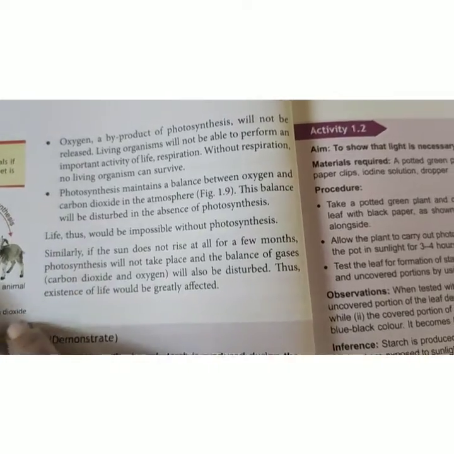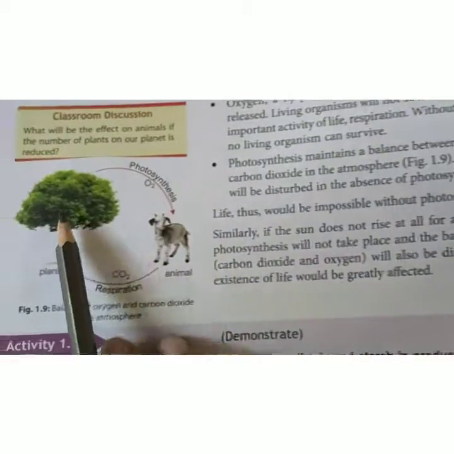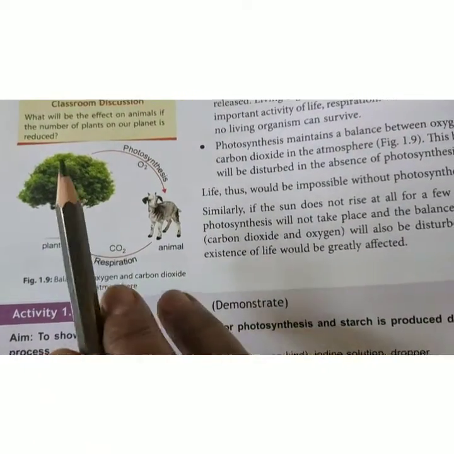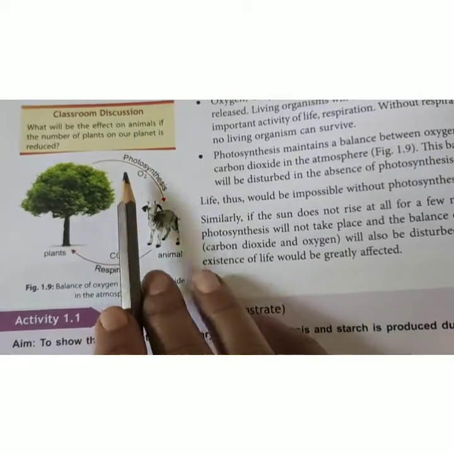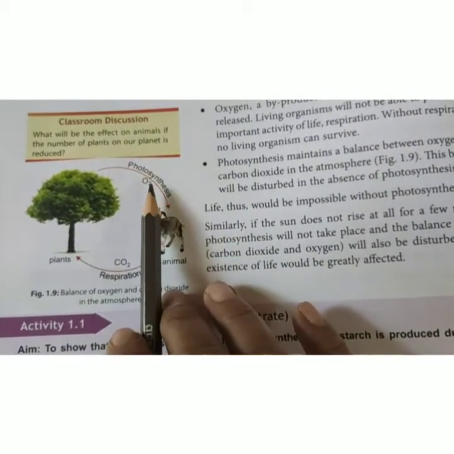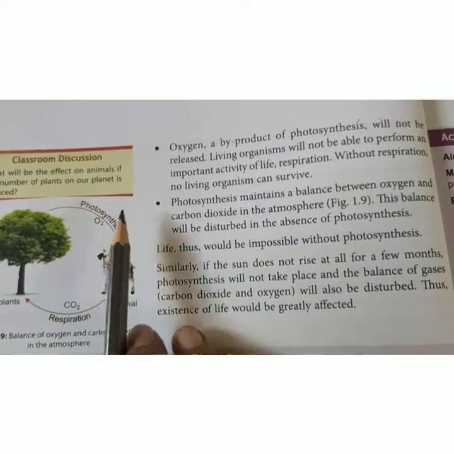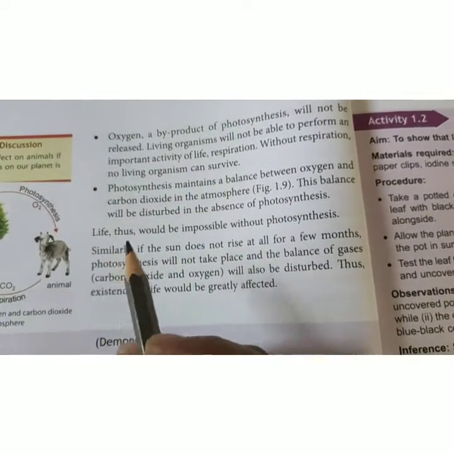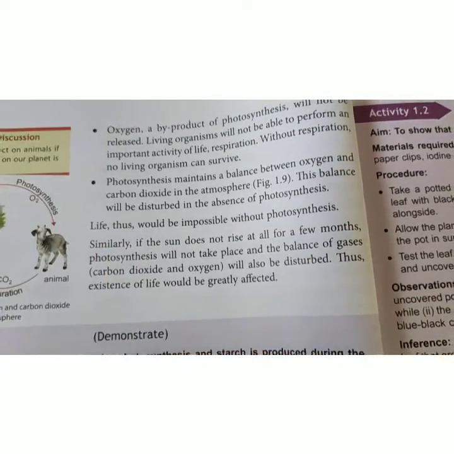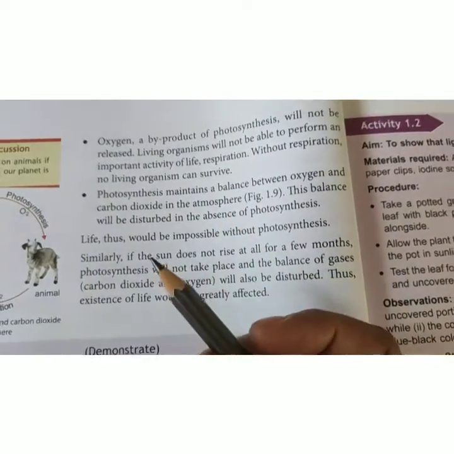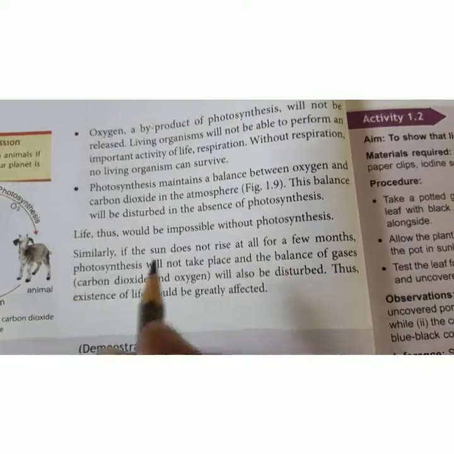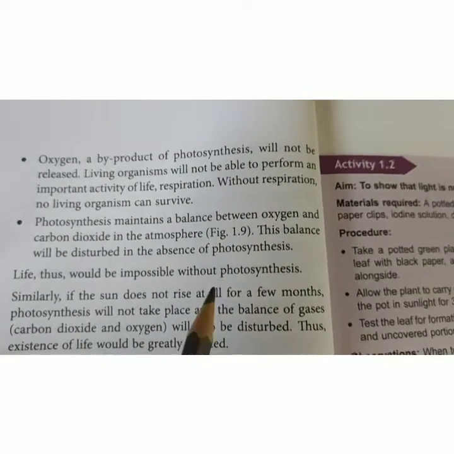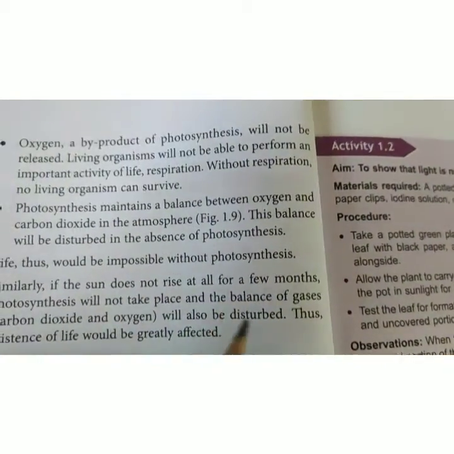One more thing, if these plants don't make their own food, we know oxygen and water are the two byproducts of photosynthesis. So no photosynthesis, no oxygen, we cannot live, because we respire, we take in oxygen and give out carbon dioxide. And without respiration, no living organisms can survive.